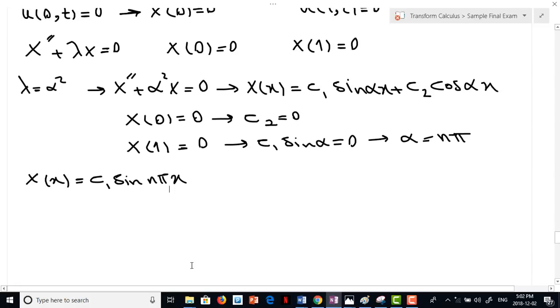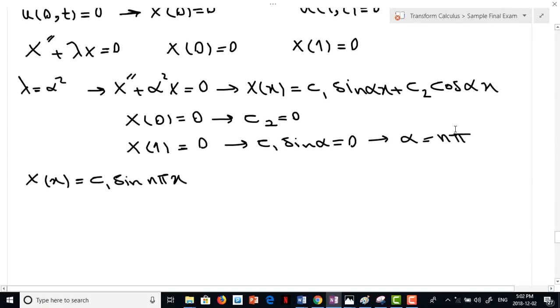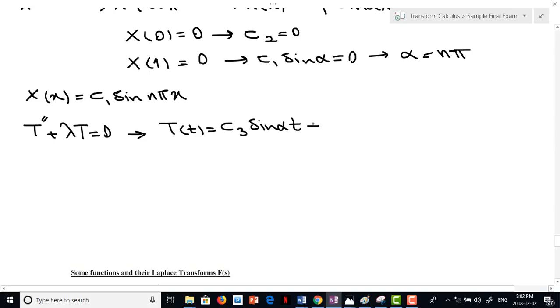Now we have to solve the second ordinary differential equation, T double prime plus lambda T is equal to 0. As a result, we have the solution in the formula sheet. T of t is equal to c3 sine alpha t plus c4 cosine alpha t.